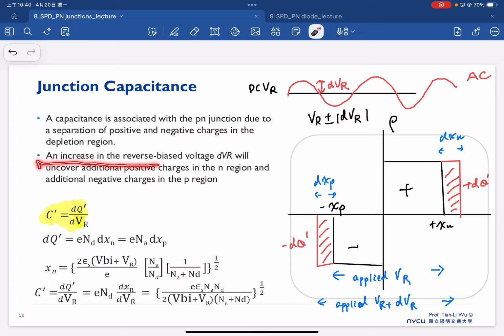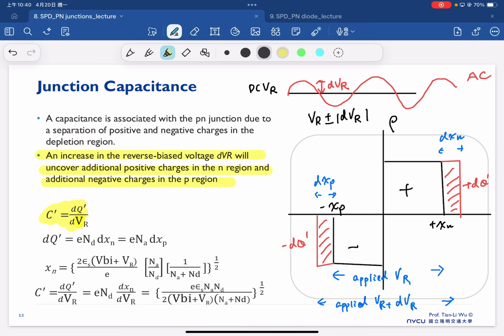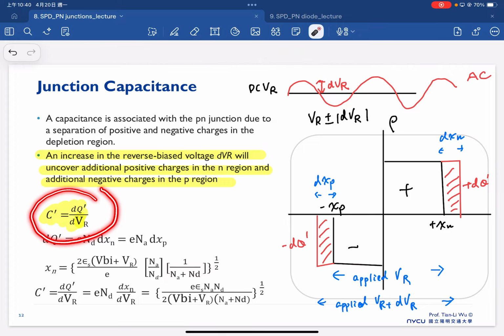An increase in the reverse bias, VR, will uncover additional positive charge and also additional negative charge. And that will create the capacitance. Therefore, we can estimate the capacitance as equal to dQ over dVR. The rest of the calculation is the same.